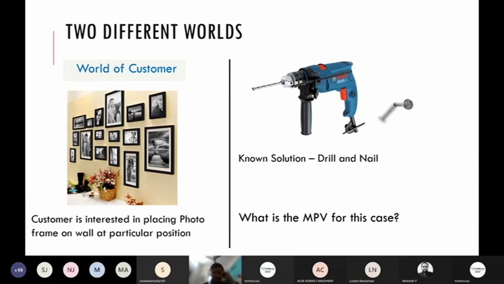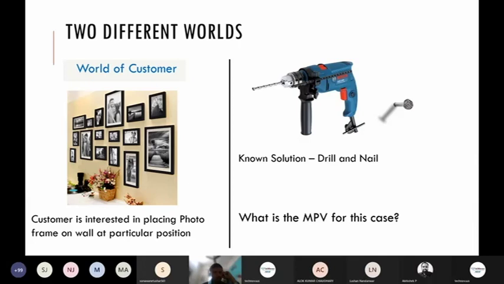This is a customer need, and somebody has directly proposed a solution, right? Let's put a drill and nail and that's it. You can locate the frame on the wall, isn't it?